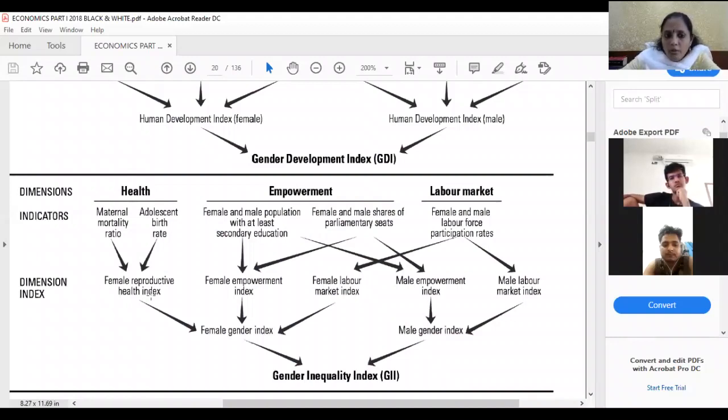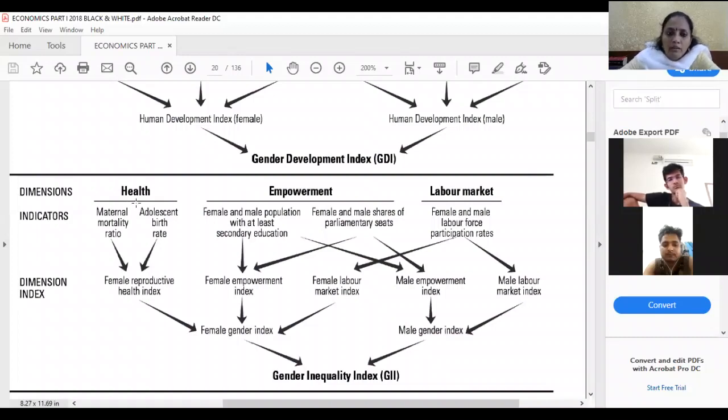So there is only a female reproductive health index, whereas in empowerment and the labor market, you can see a female empowerment index as well as a male empowerment index. In the labor market, there will be a female labor market index and a male labor market index. But this is not happening in the case of reproductive health because we are giving exclusive importance to women's development in terms of their health.